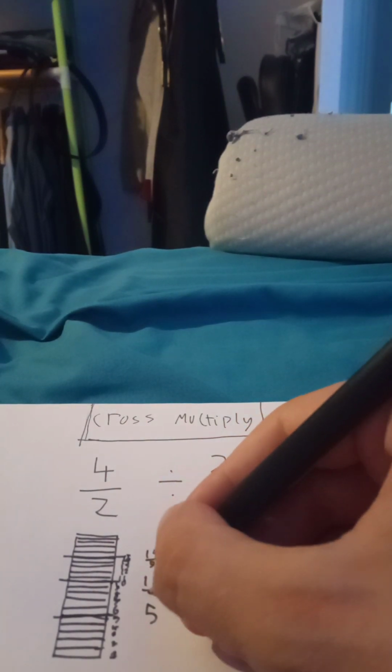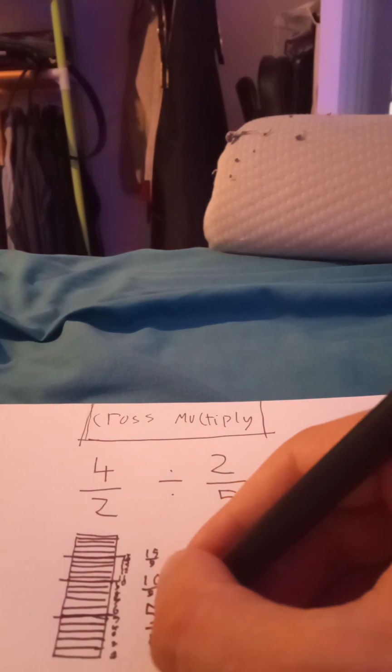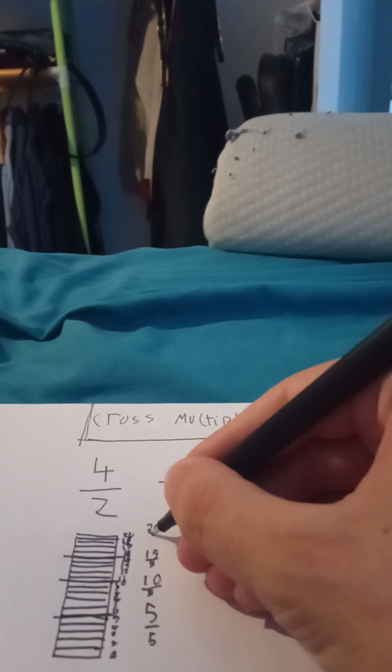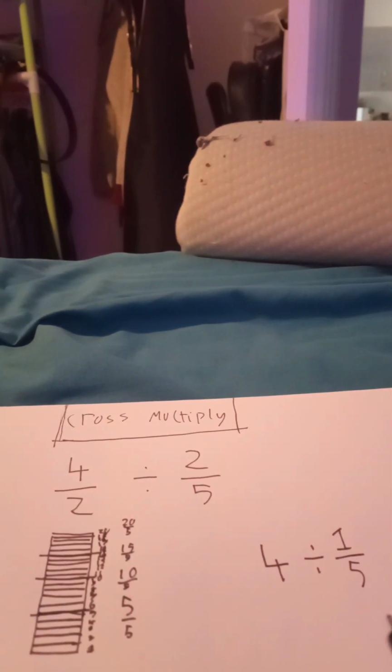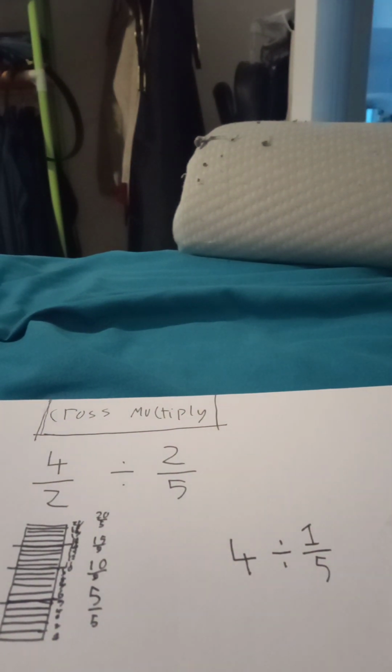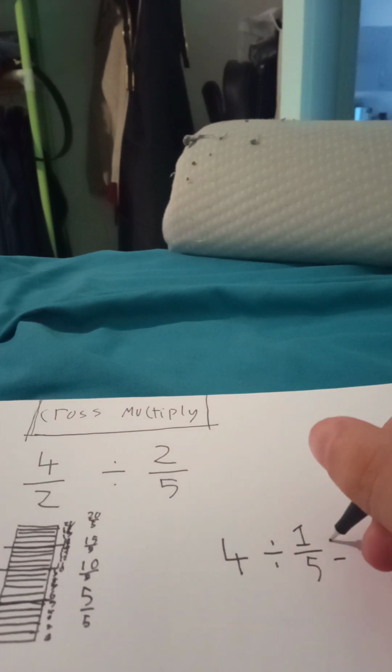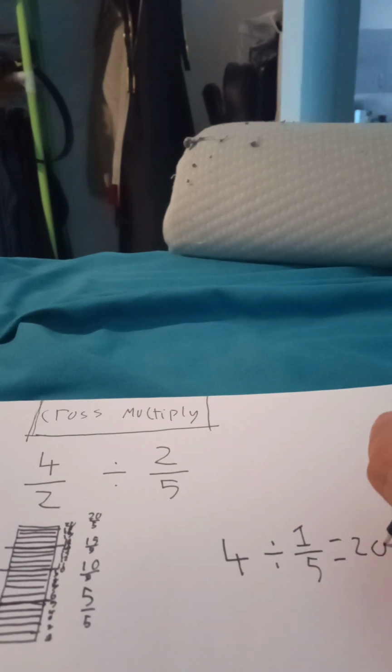So far we're at 3, and then it's 16, 17, 18, 19, 20. So 20 over 5, and that equals 4. If you divide 20 by 5, you get 4. And what we've discovered is that 4 divided by 1/5 equals 20.